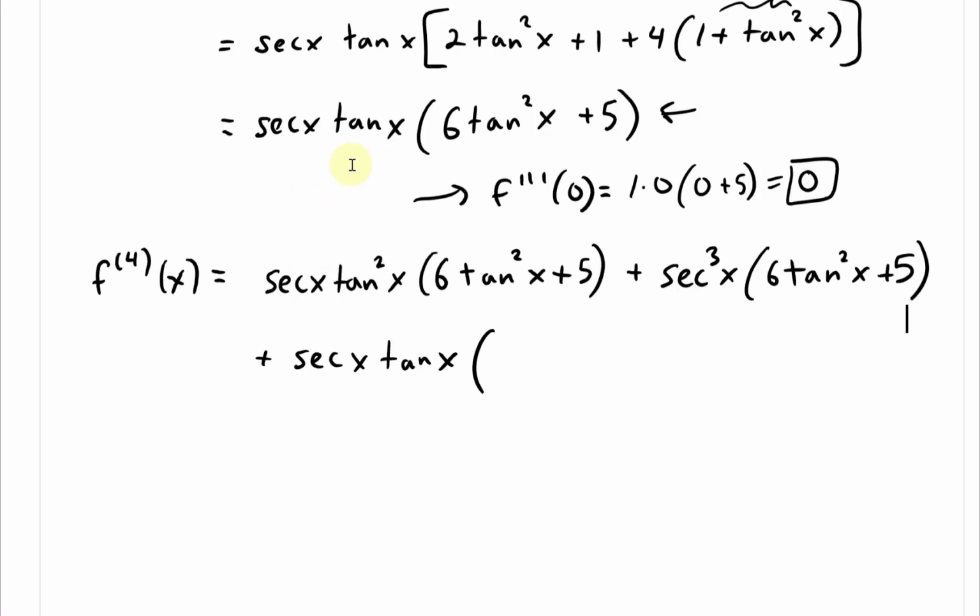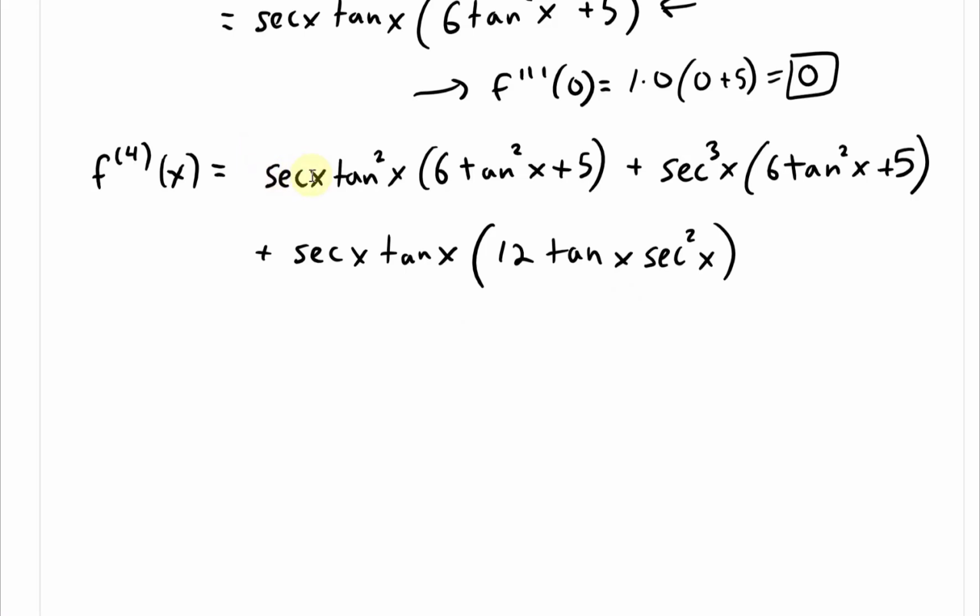Now the derivative of the inside is, well, the 2 goes down, so it's 12 tan x times the derivative of tan x, secant squared of x, and the derivative of 5 goes to 0. So that's what we have there. Alright, so now I'm going to take out the like term, and the only one that's like is the secant x, because there's no other secant in this one. So we'll just take that out and see what we can find.